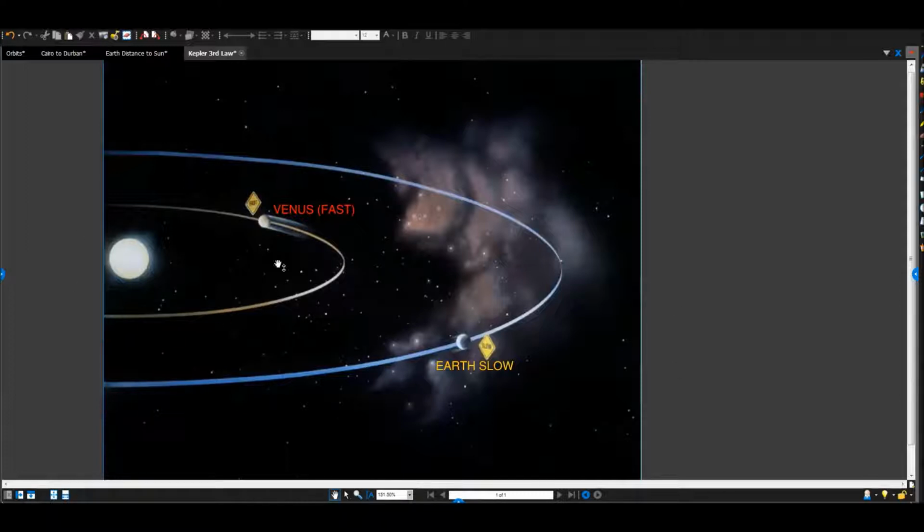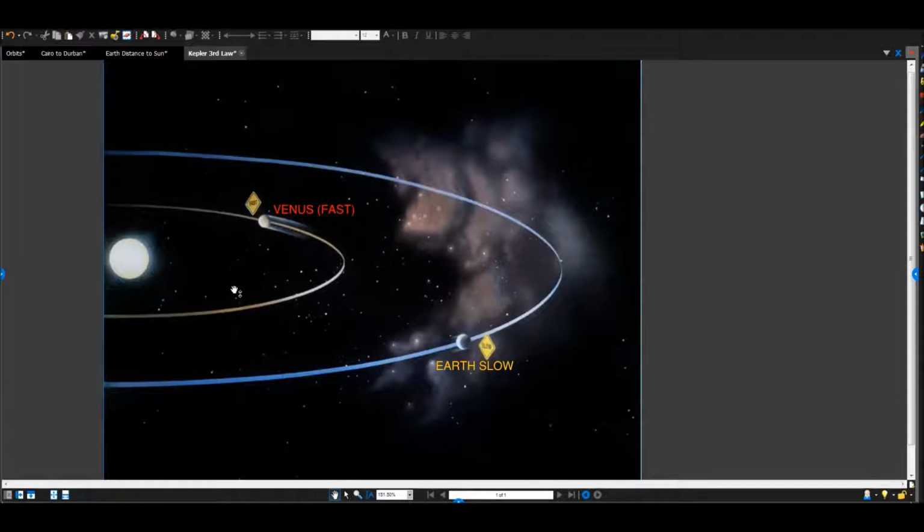Venus, because it's closer, will travel faster, and Mercury, which is closer again, will travel faster than Venus. So there was a pattern to the speeds. It wasn't just random or disproportionate. There was a formula which seemed to govern the speeds, and it was found by Johannes Kepler.